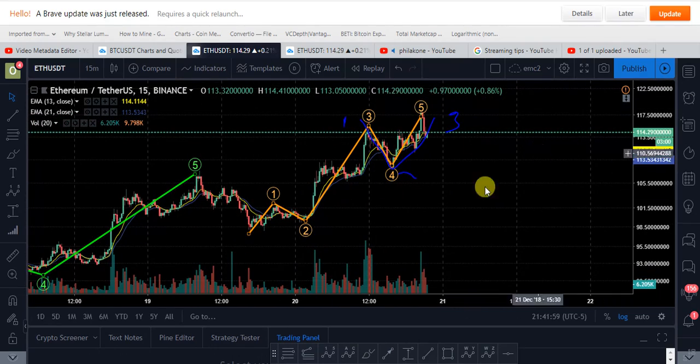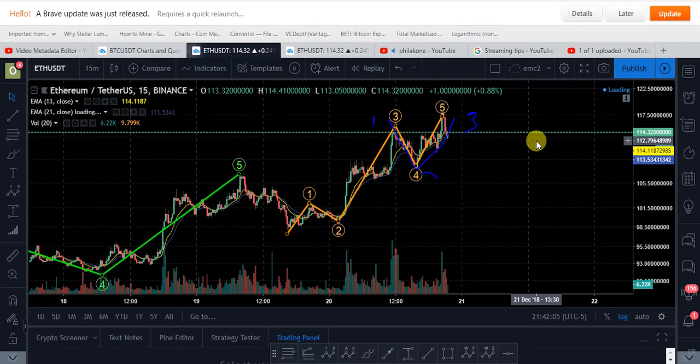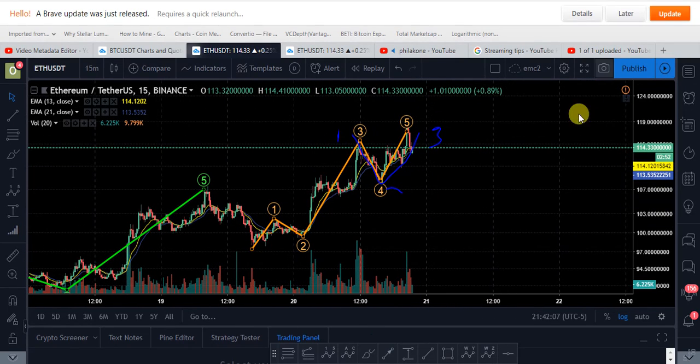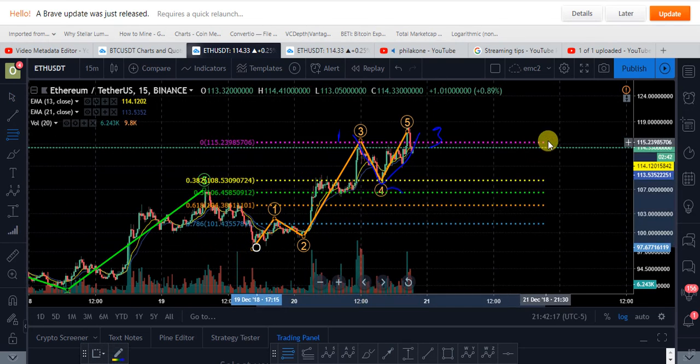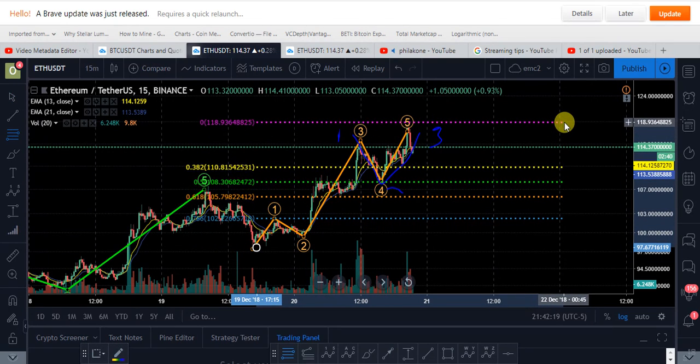If this is wave number 1 of a 5-wave structure, right? So you have to remember this is only the wave 1, right? So we still want to stay aggressive, right? We say Ethereum is going to make another 5-wave structure, and this is one of the internal waves, right? So we could be retracing to 382, which is about 110, right? So if you look at it, this is 110, right?